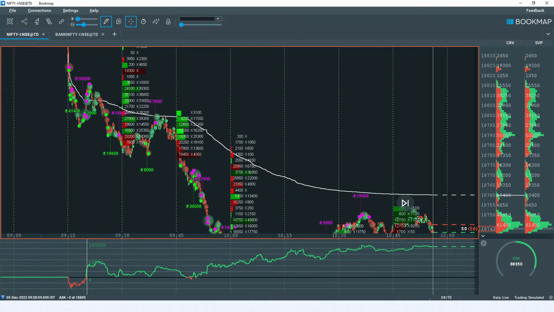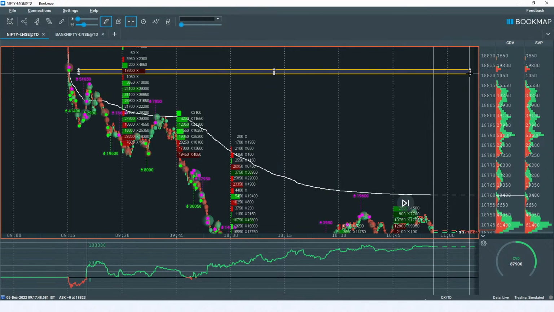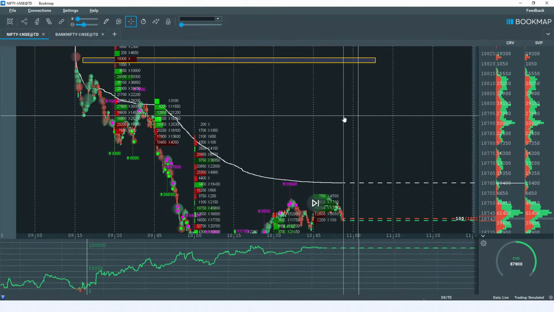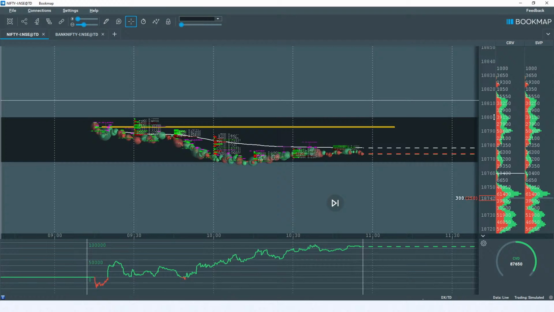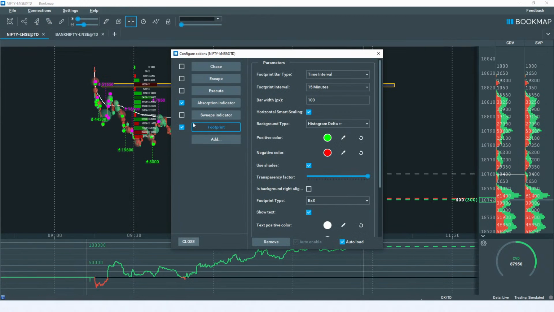It's not a horizontal line, it's a rectangle, and you can see this is where we are seeing more aggressive selling activity happen. This is the range, the zone that we can monitor when price approaches this particular price level. I hope this is clear.